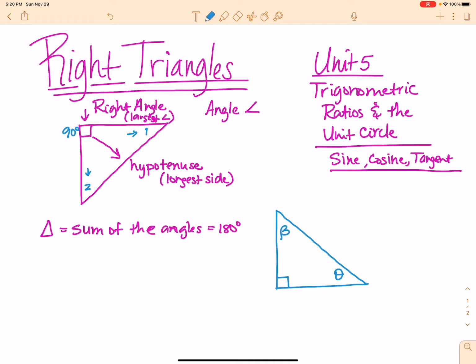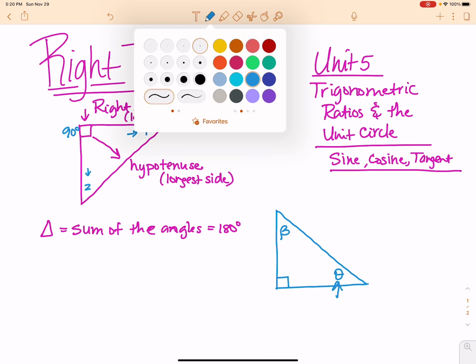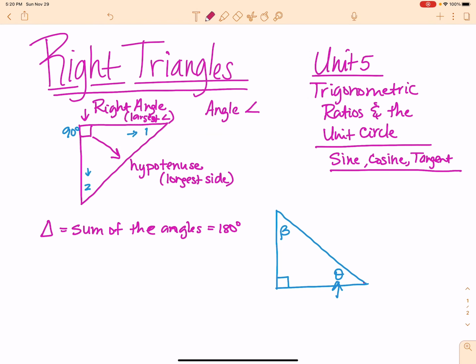When I look at these two angles, if I'm addressing theta, that's this angle right here, it has a side that is adjacent to it, and it has a side that is opposite from it. The side that is adjacent to it is this one right here. See how it takes this side to form theta?